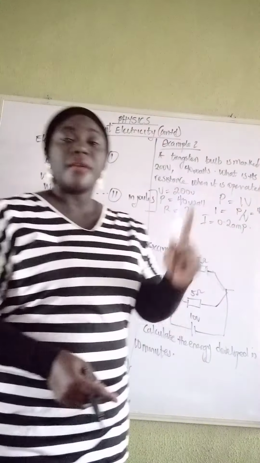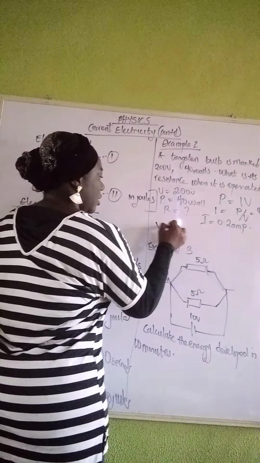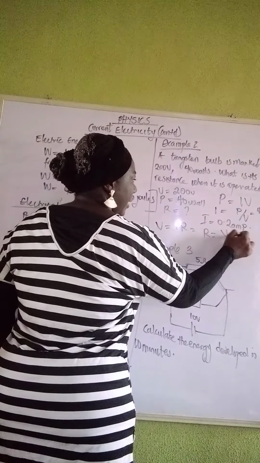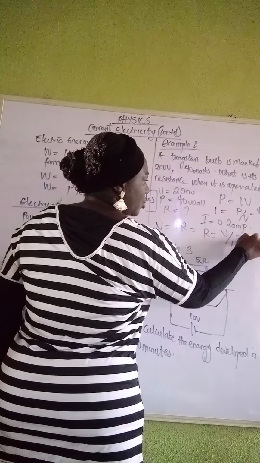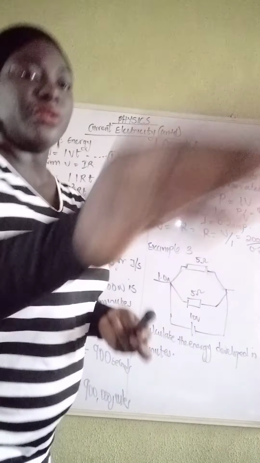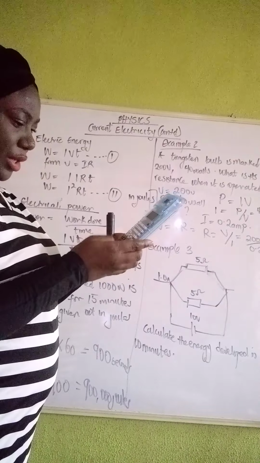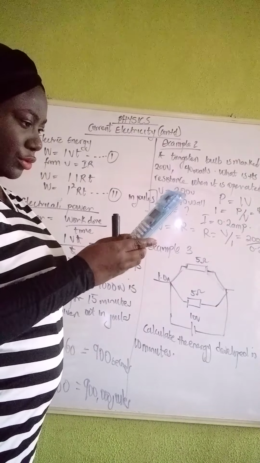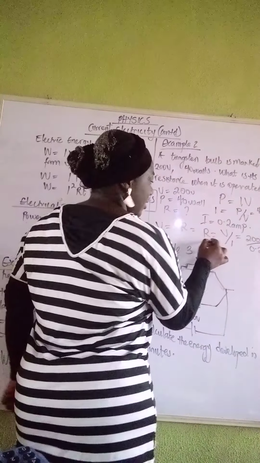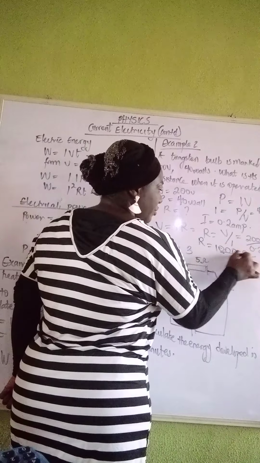From Ohm's law, V equals IR, so we can substitute to find R. R equals V over I. V is 200 divided by 0.2. What is 200 divided by 0.2? We have 1000 ohms, because it's resistance we are looking for. So our R here is 1000 ohms.